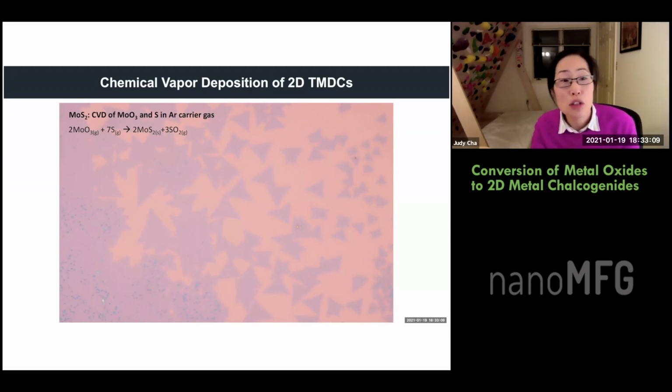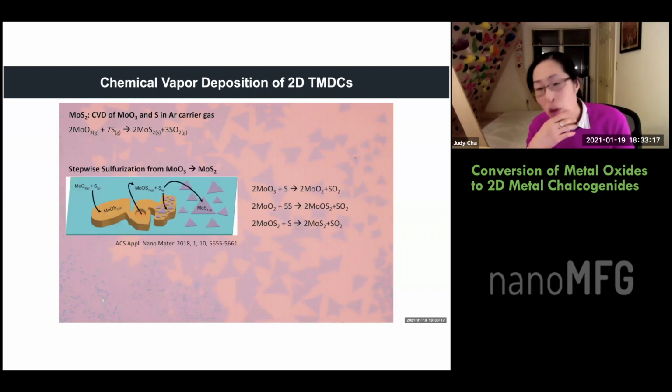One of the precursors you can use is moly trioxide. So you co-evaporate moly trioxide with sulfur, and then you get the moly sulfide. One thing to note is that you can actually break this conversion into steps: swapping out oxygen with sulfur, and then indeed you can do the stepwise sulfurization.